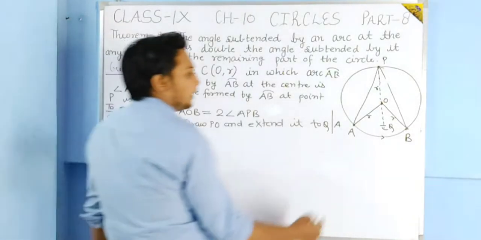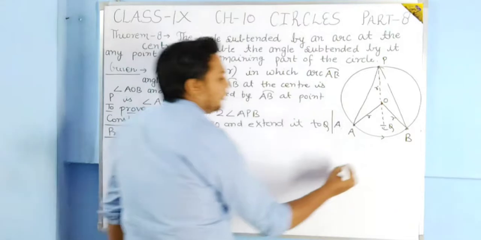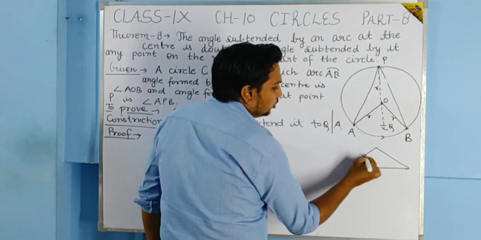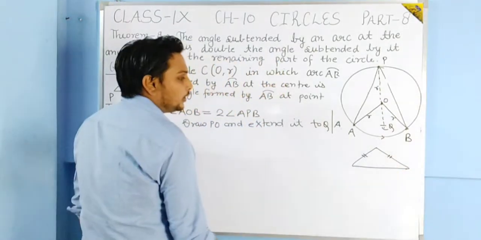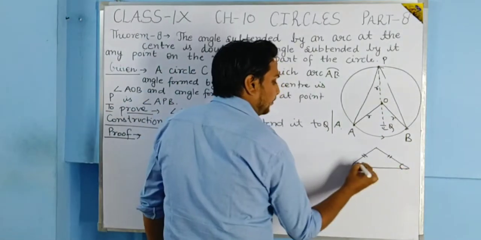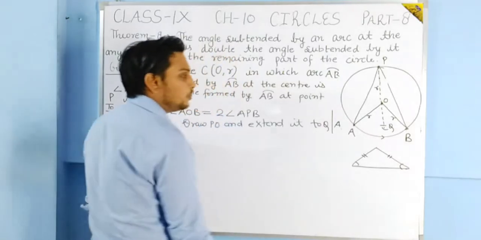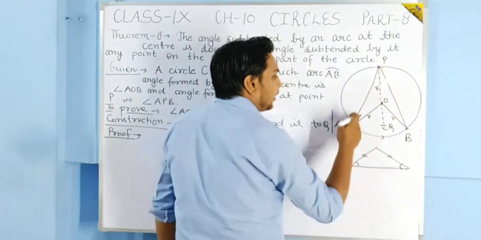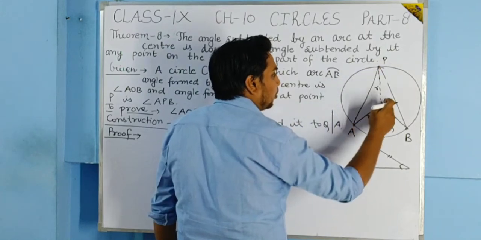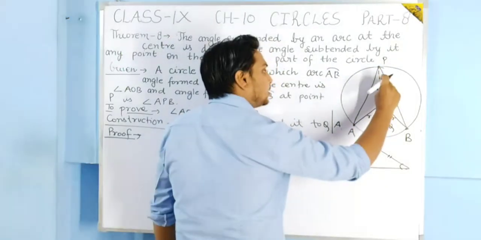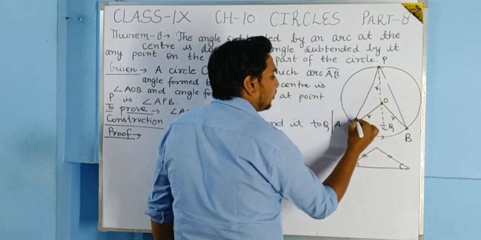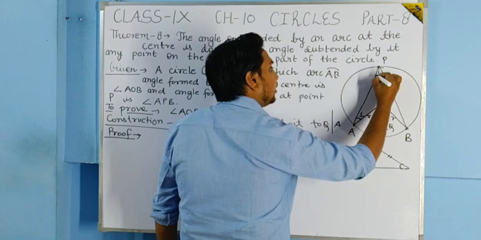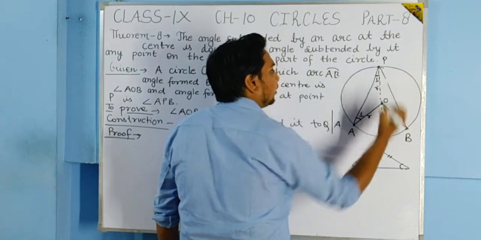So students, we know that if in a triangle two sides are equal, then the angles opposite to them will also be equal. So here in triangle PAO, these sides are radii, so the angles opposite to them are equal: if it is angle 1, then it will also be angle 1.